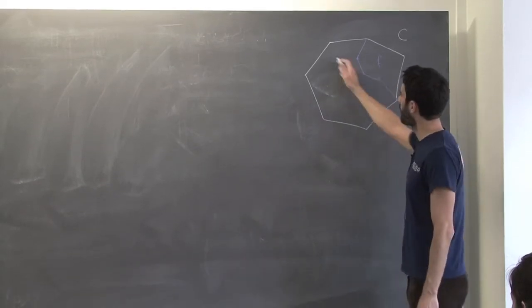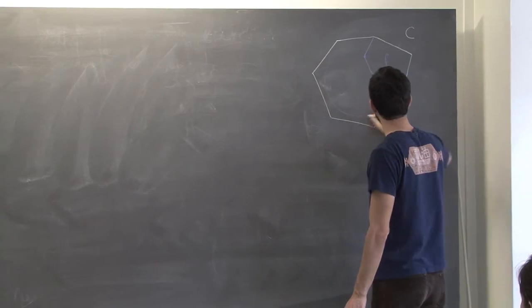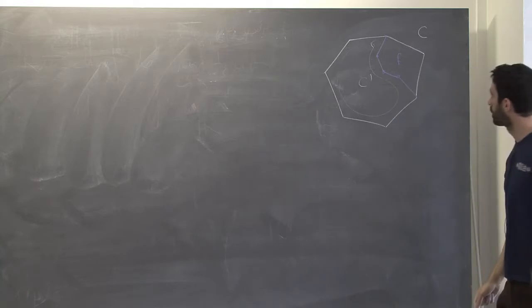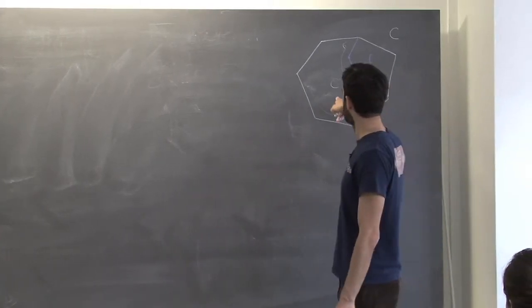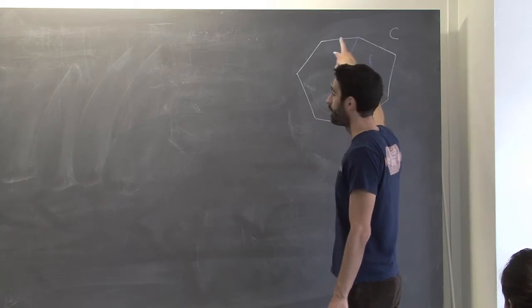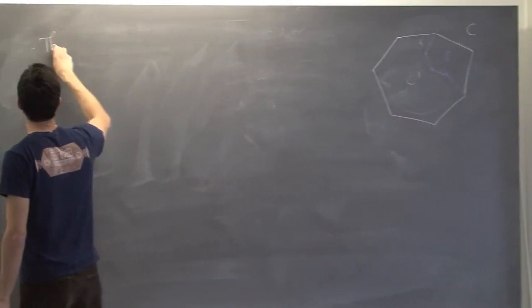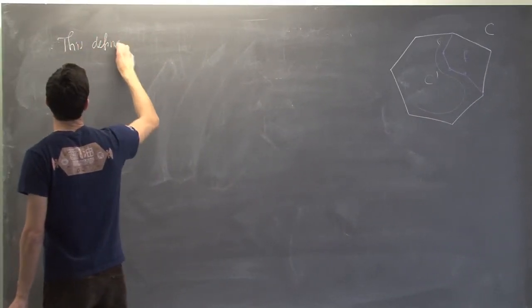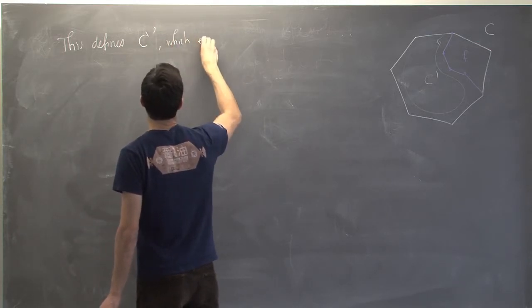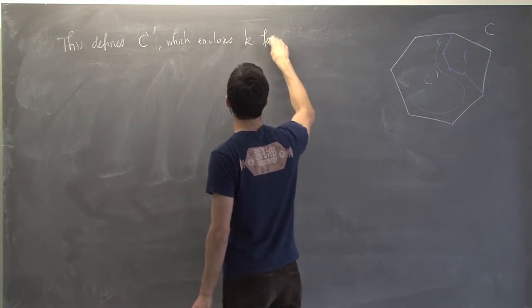Okay, and now I will look at C prime, which will be this, okay? So this defines a new simple closed curve C prime, which encloses k faces, right?